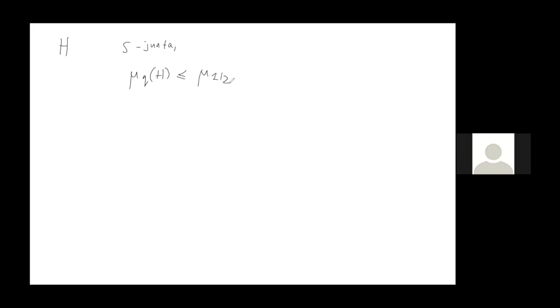So the mu q measure of H is at most the mu half measure of H, which is at most half by the basic property. What I'm trying to say here is that the family H on mu q is not everything. It has a measure that is bounded away from 1.